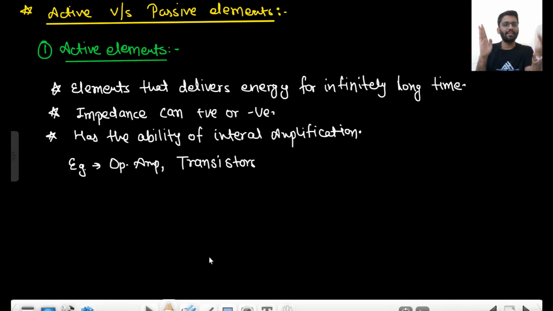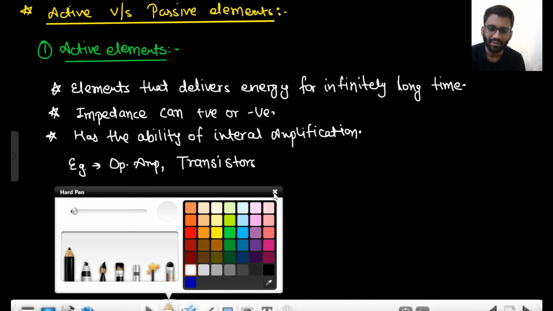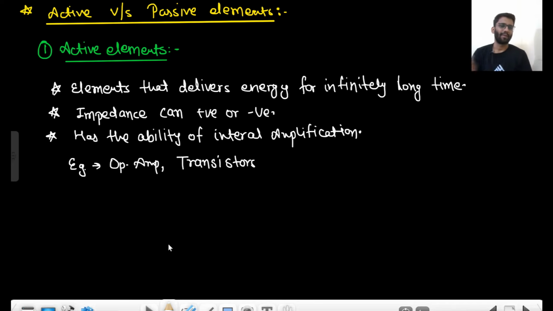You applied less voltage and got more. You applied 5 volts to an op-amp, you can get 100 volts as an output. So it has a gain of 20, from 5 to 100. So this is known as internal amplification. All these devices have the ability of internal amplification. No need to make the basic circuitry of an op-amp here.